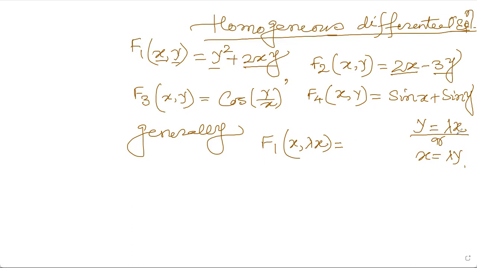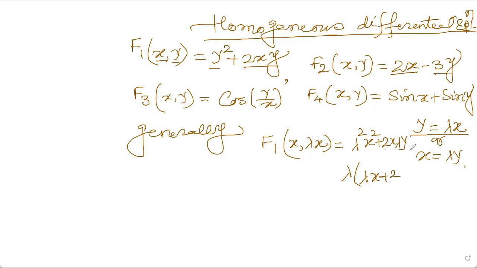In that case, y square equals lambda square x square. So you can say lambda square x square plus 2x lambda x, and this becomes, taking lambda common, lambda x plus 2.